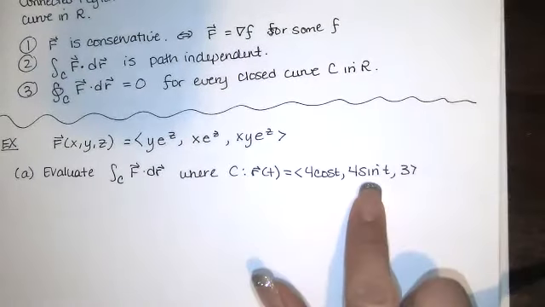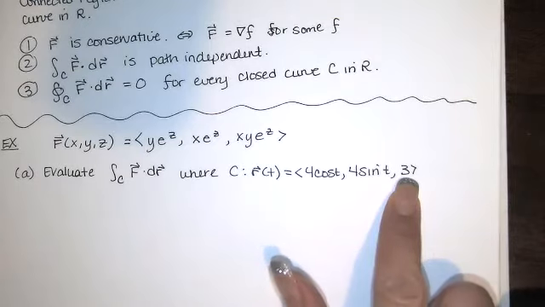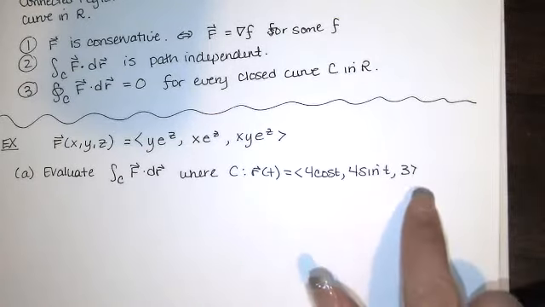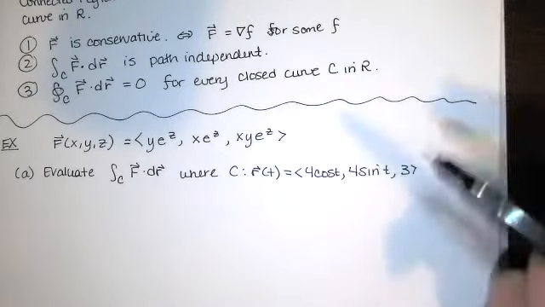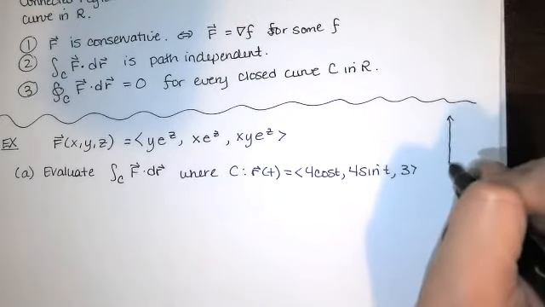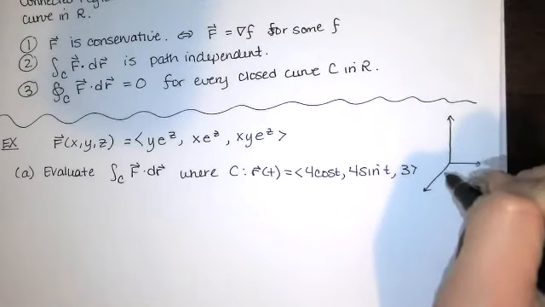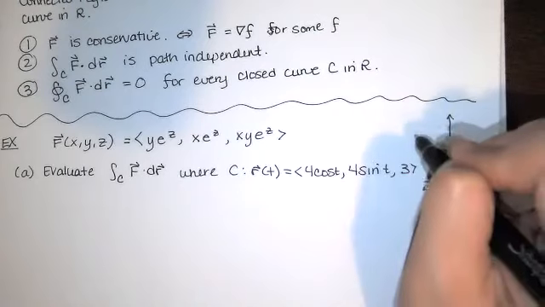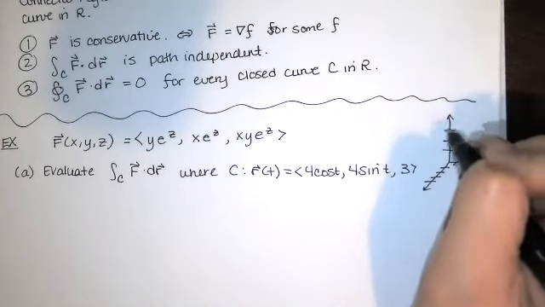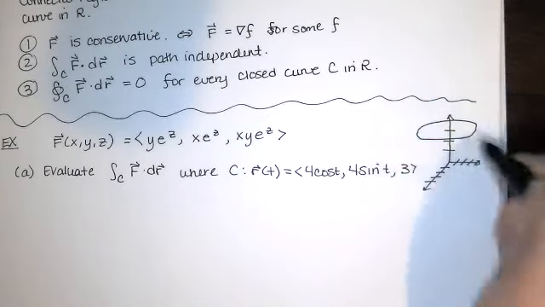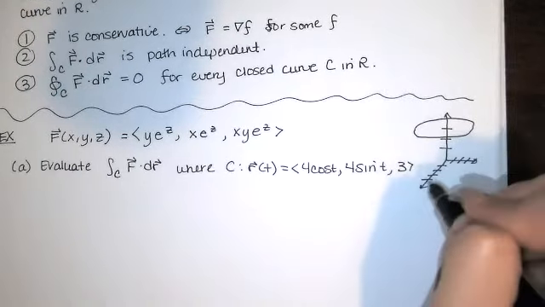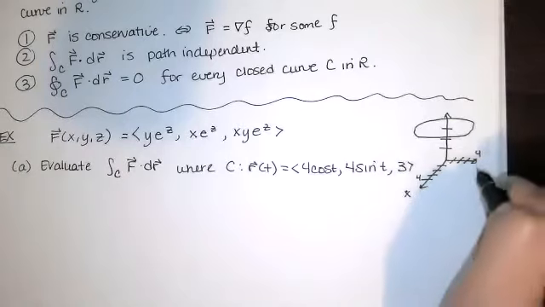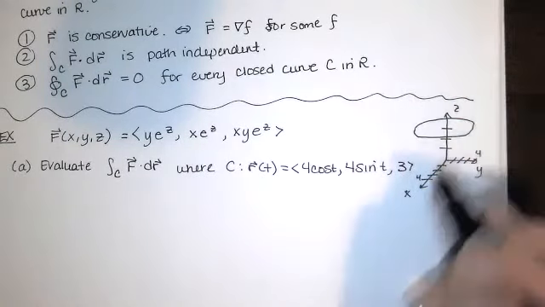That's a circle of radius 4, and it's shifted up 3 units. So it's just a circle of radius 4 that is 3 units above the xy plane. It doesn't look very circular, but that's the idea. So we're on this circle.